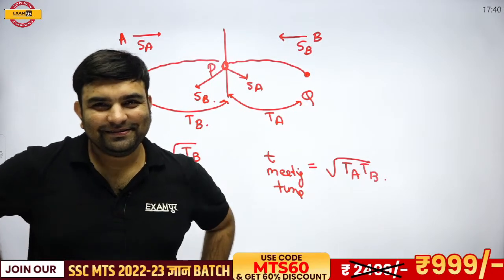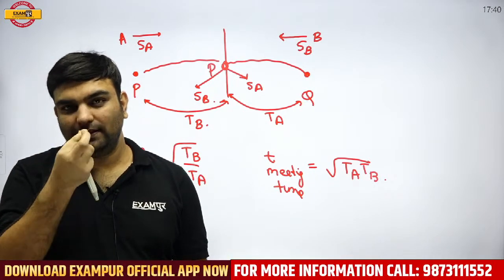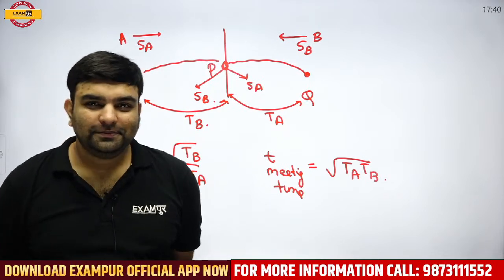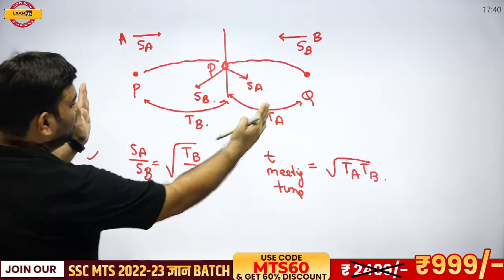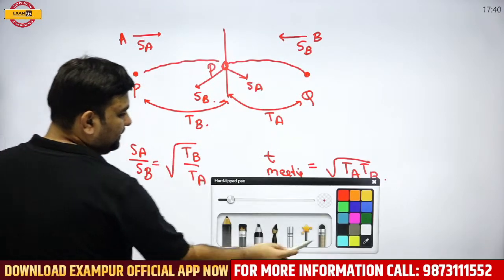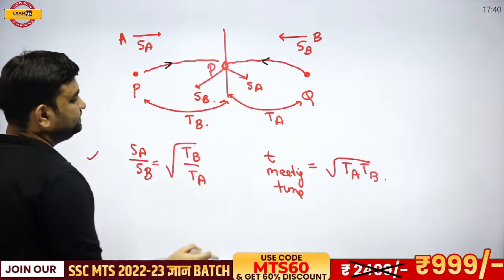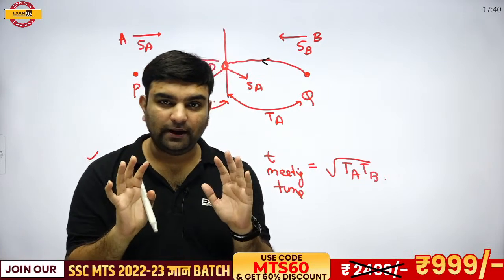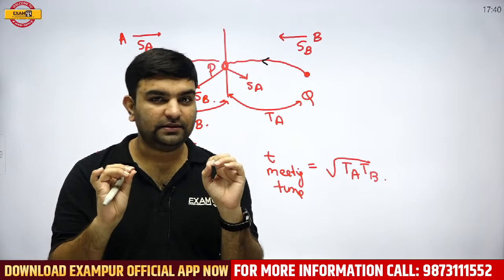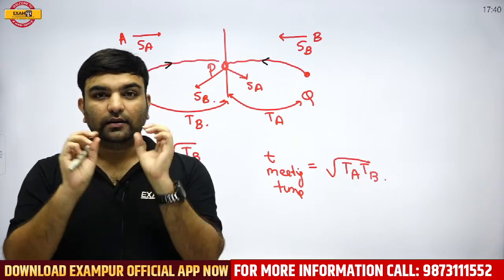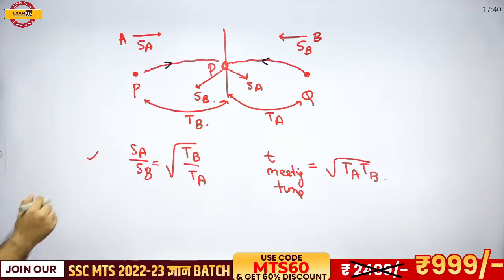Otherwise, when both of them have started moving towards each other, the distance traveled by them is in the proportion of their speeds.